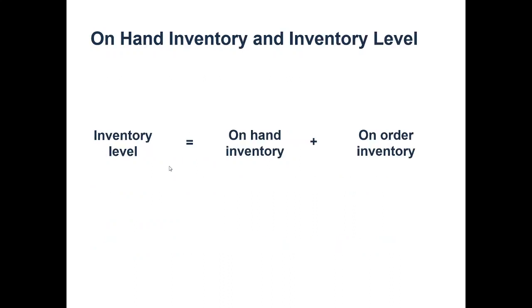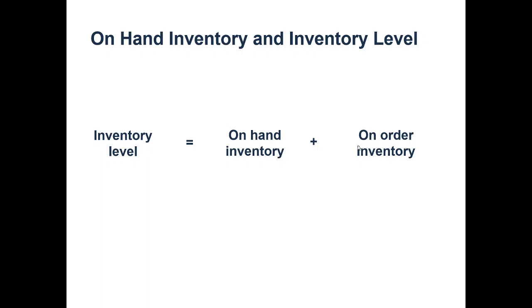And finally, we need to take into account two different concepts regarding the inventory we have. One is the on-hand inventory, which is the amount of inventory we physically have in our warehouse. This is the inventory we can actually use to meet our demand because we have it ready for us to use and deliver to our customer.